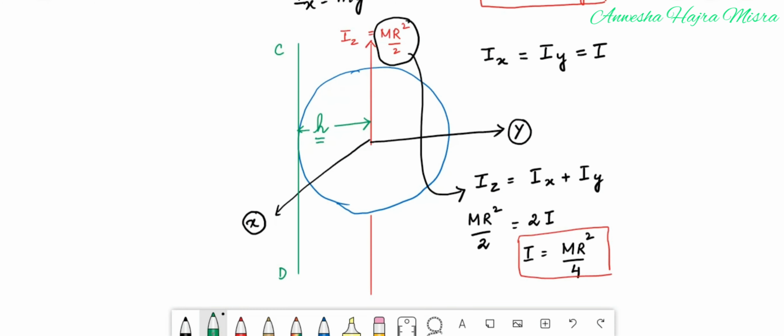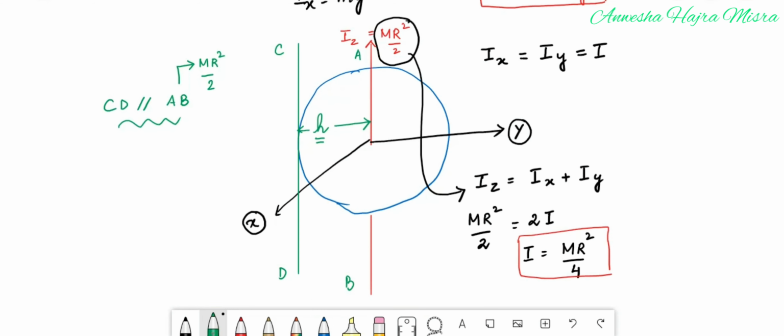So we will have to use the parallel axis theorem to find the moment of inertia of the disk about an axis CD which is parallel to AB. About AB, the moment of inertia is known. It is mr square by 2.